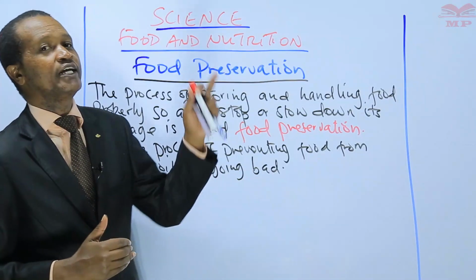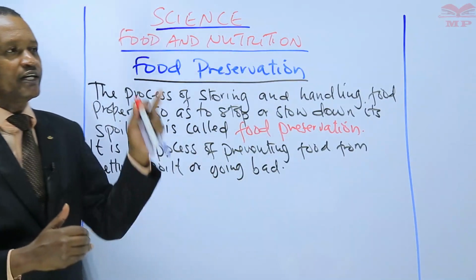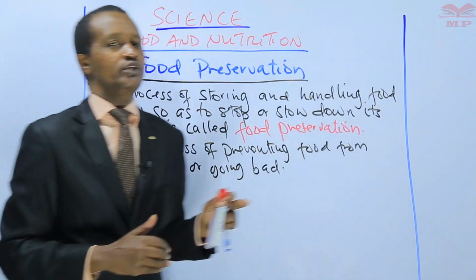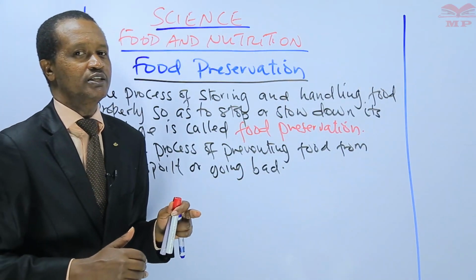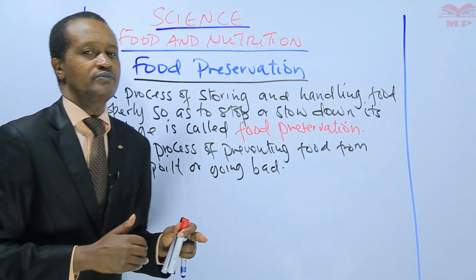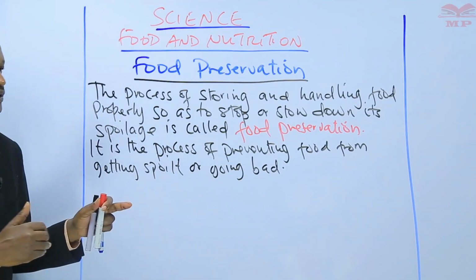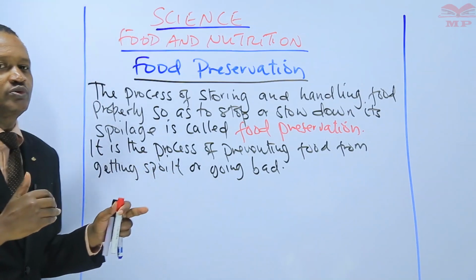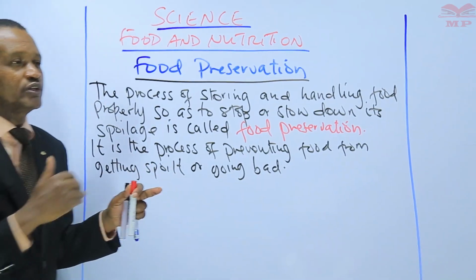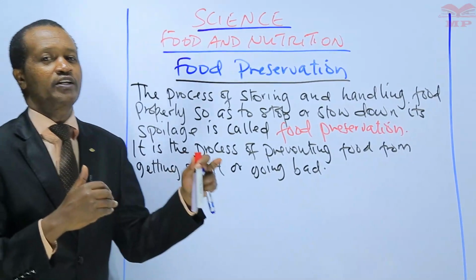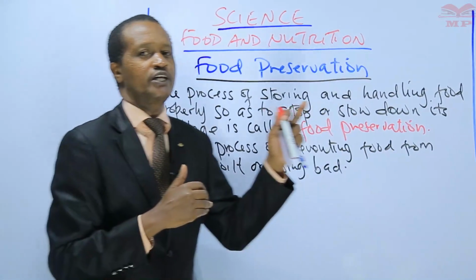Other foods like grains, learners. Grains like maize, you can take 1 year, 2 years without getting spoiled. So learners, it's good to understand that there are some foods that can be preserved for a long period of time, others a short period of time.